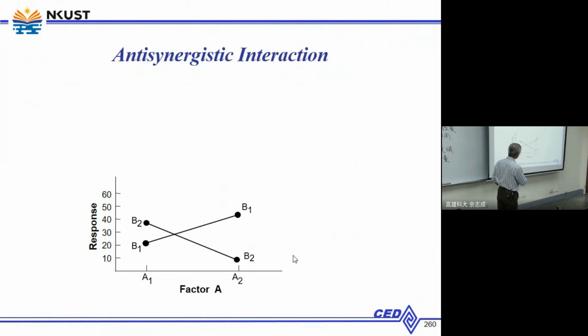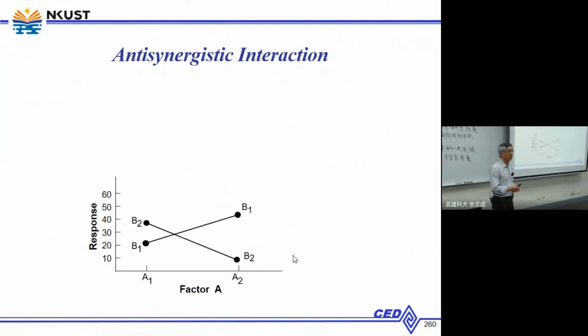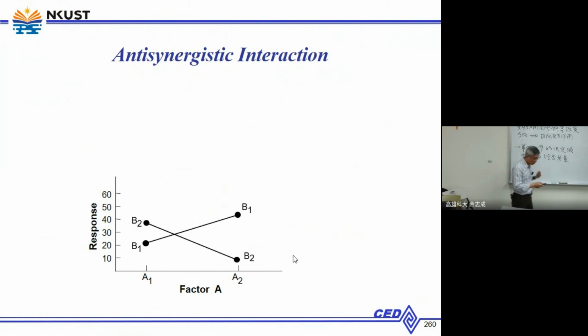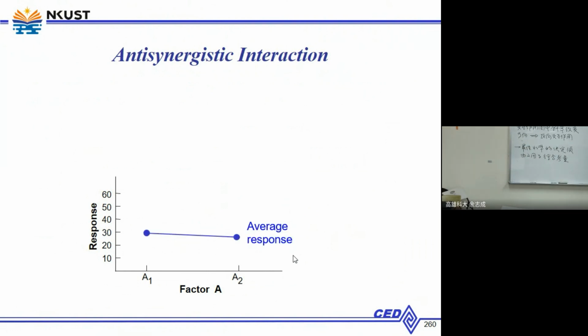So your conclusion will be different. If B is in B1, you will select A2. But if B is in B2, you will select A1. Which means that the anti-synergistic will influence your selection of the optimum combination. If you use the effect plot, the effect plot might tell you that A1 is better than A2.